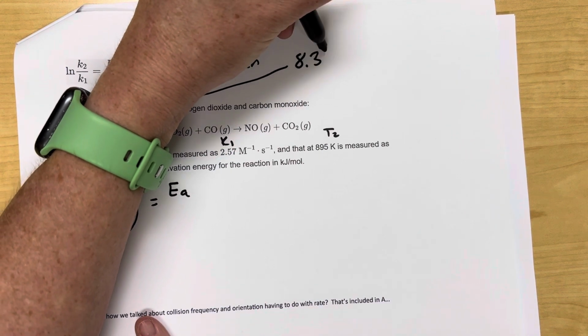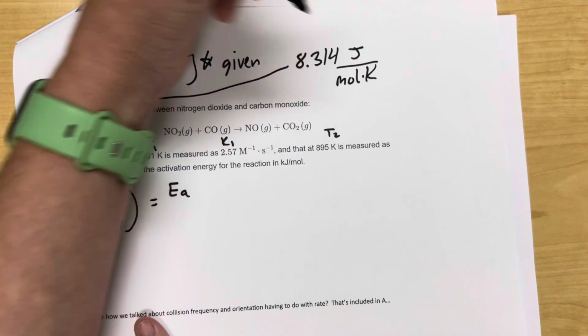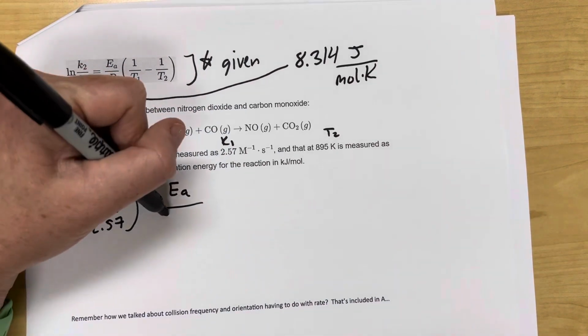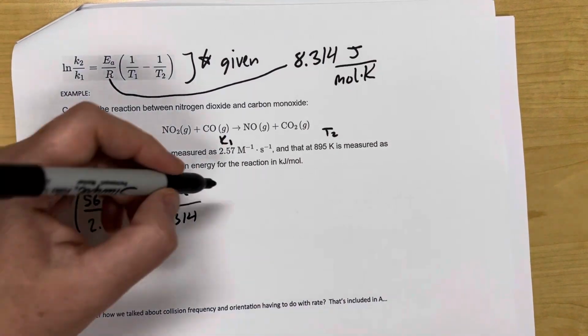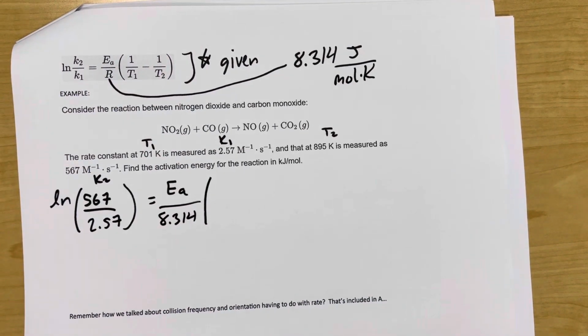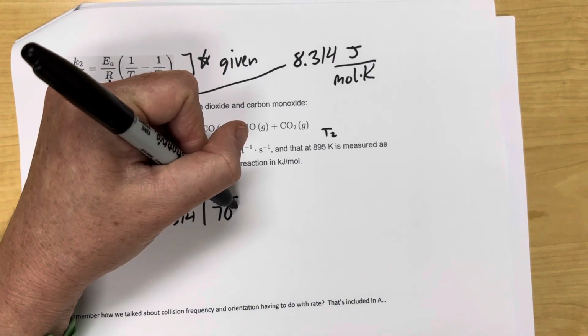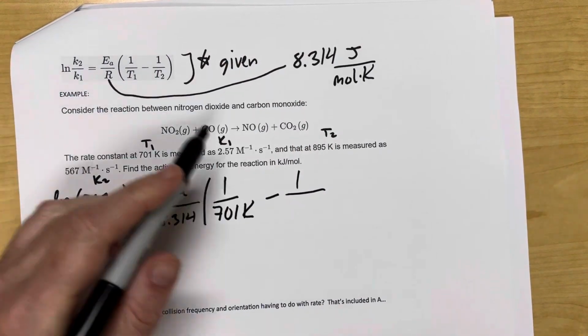R is always 8.314 joules over mole Kelvin. And then we got our temperature: 1 over our initial temperature minus 1 over our final temperature.